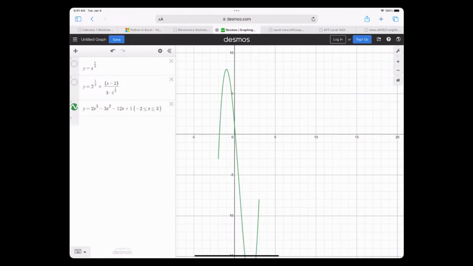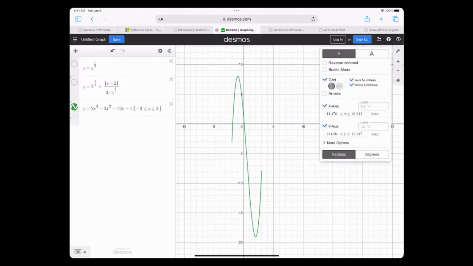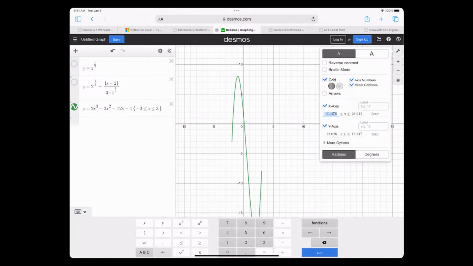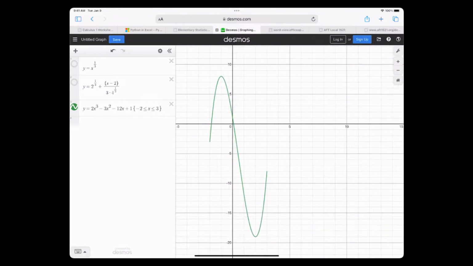Okay. So I'll put negative 5 to 15 maybe. Anyway, so double check.